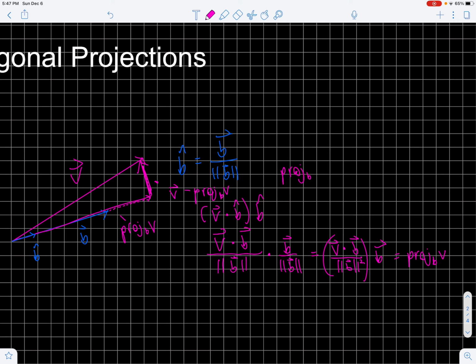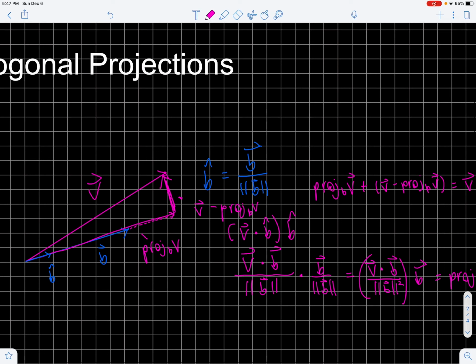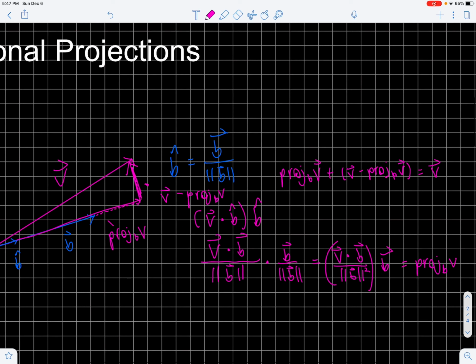Because if you have the projection of v onto b, and then you add this vector, v minus the projection of v onto b, you just get vector v. So to find these two components, we just make this calculation for our projection and then subtract the vector we find from v to find the perpendicular component.